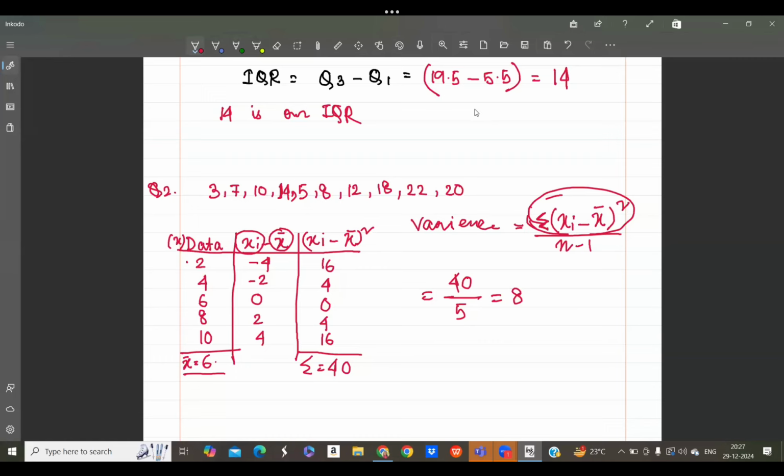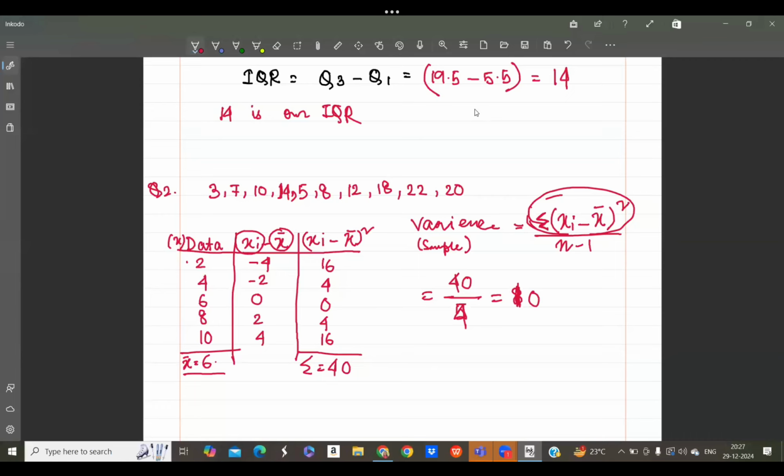If you are dealing with population, then we do n. Okay. So if it is for sample, then it is n minus 1. And then we have, yes, you are right, 5 minus 1 is 4. Then the answer will be 10. And if it is for population, then it will be only n.